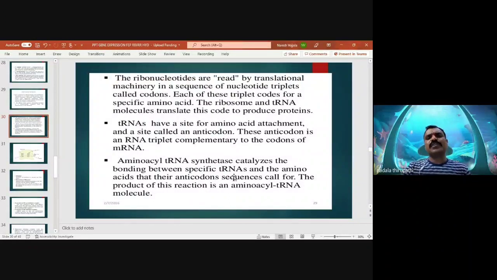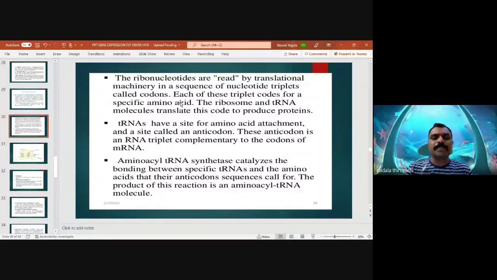The ribonucleotides are read by the translation machinery in a sequence of nucleotide triplets called codons. Our genetic code is a triplet code. Each triplet codes for a specific amino acid.